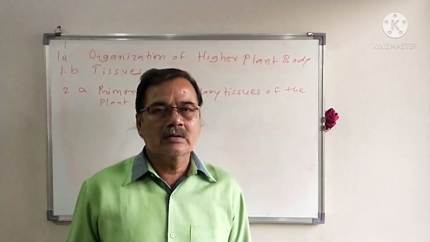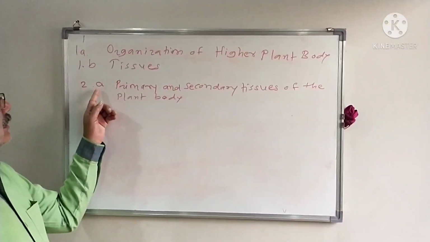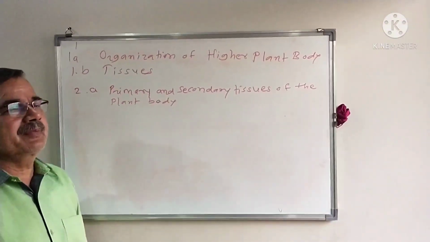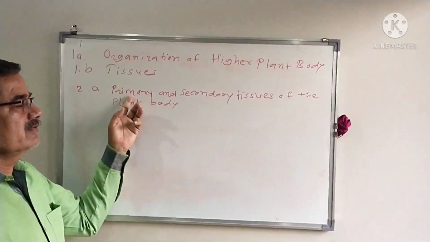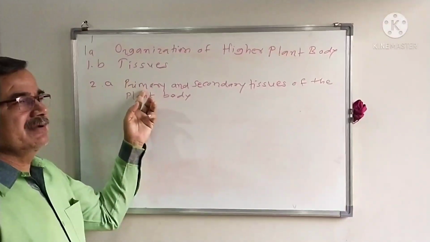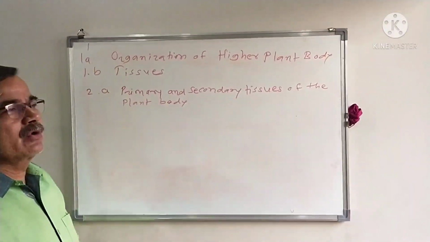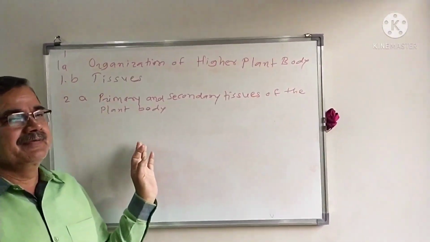Now we are going to see the second unit. From 2.A, primary and secondary tissues of the plant body. The primary structure, developed from the primary meristem, apical meristem, is known as the primary structure of monocotyledon and dicotyledon root, stem and leaf.